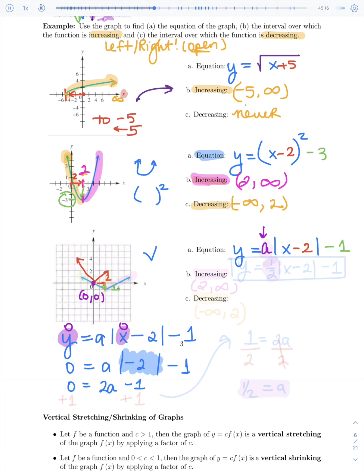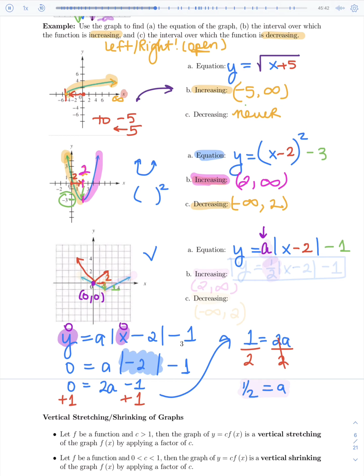Solve it like a normal equation, which means you'd add 1 to both sides. Continuing along would give us 1 equals 2A, and then we can divide both sides by 2. And that would give me that A equals 1/2.